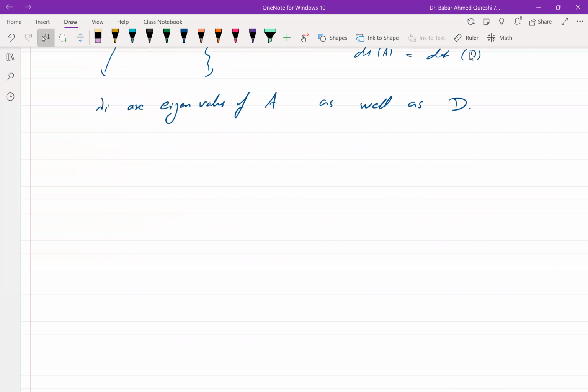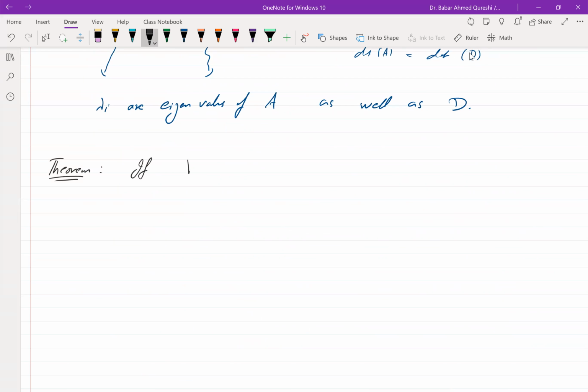So let's see how we can prove this result. First let me prove this theorem.